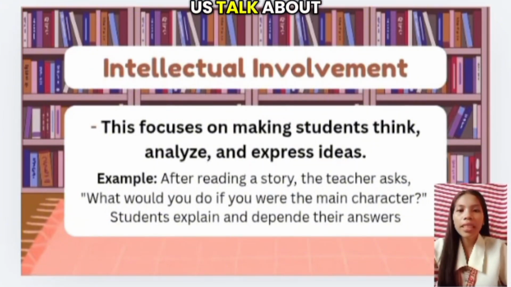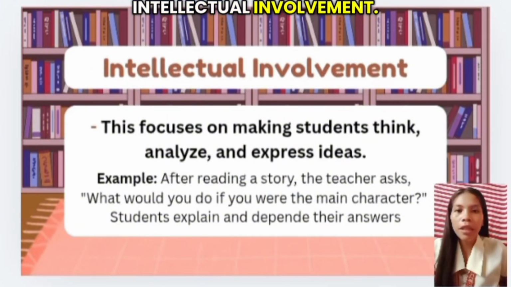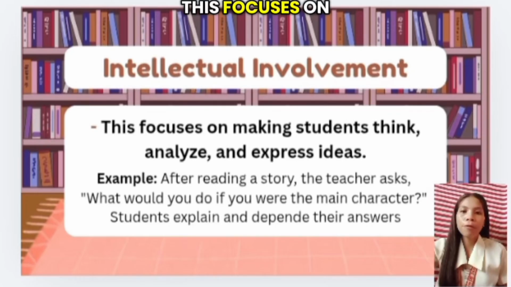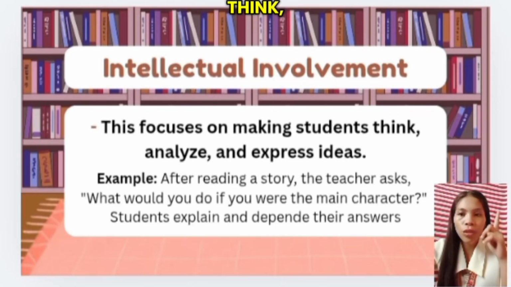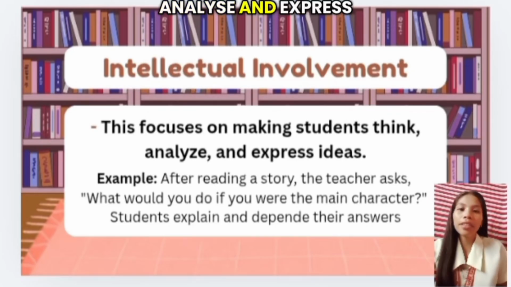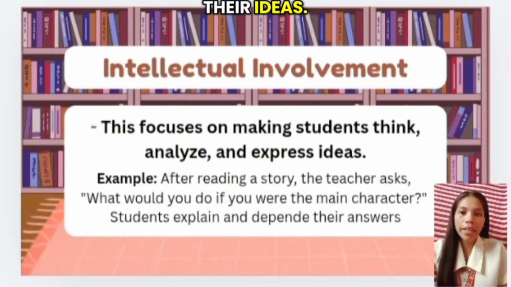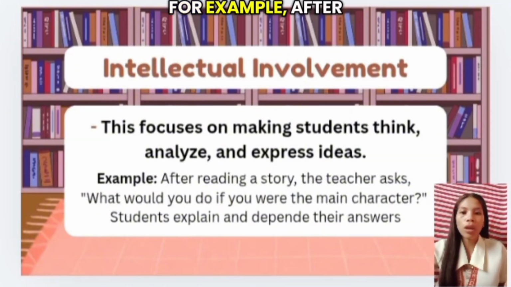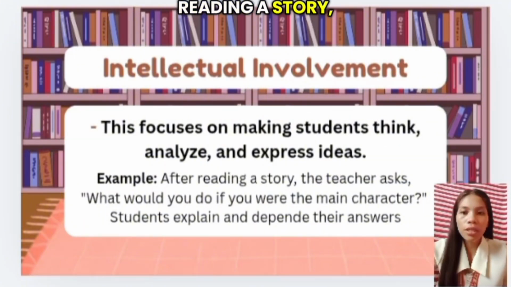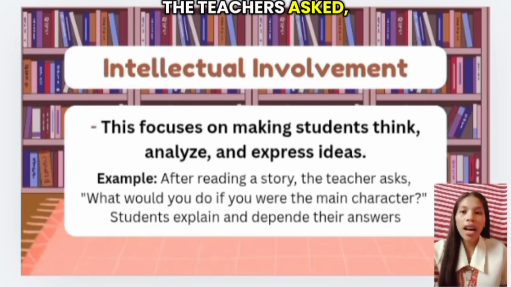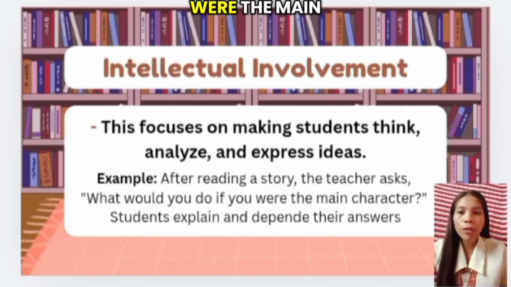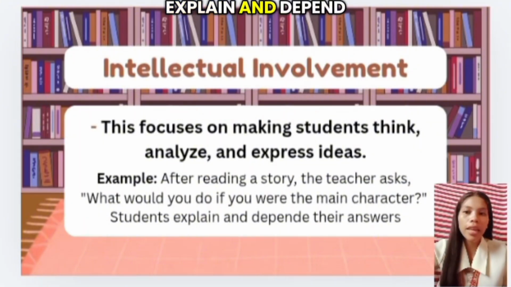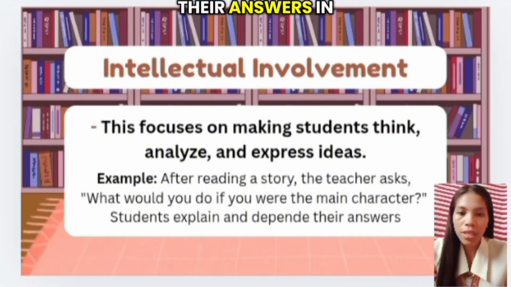And now let us talk about intellectual involvement. This focuses on making students think, analyze, and express their ideas. For example, after reading a story, the teacher asks, "What would you do if you were the main character?" So the students explain and defend their answers.